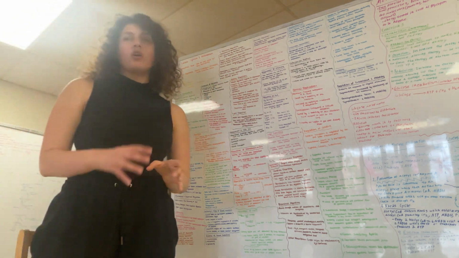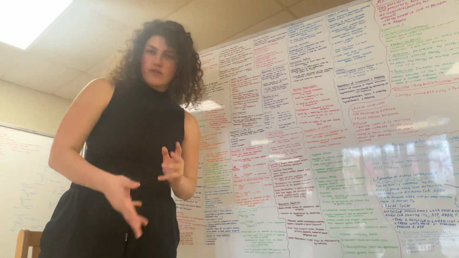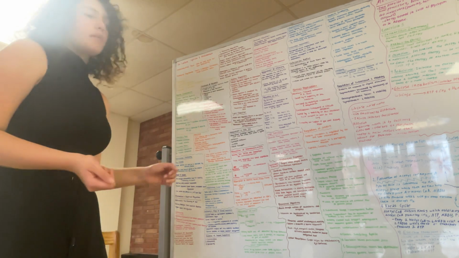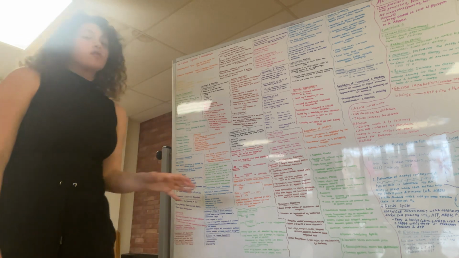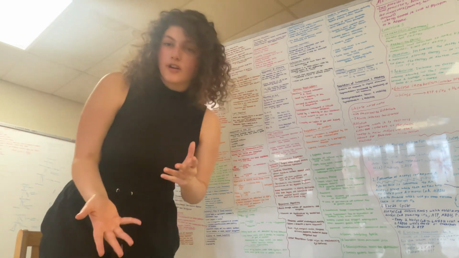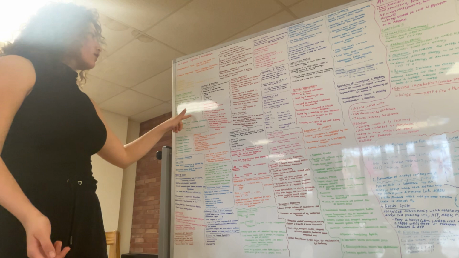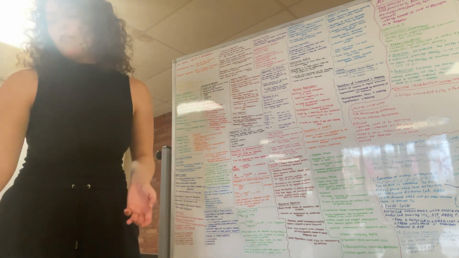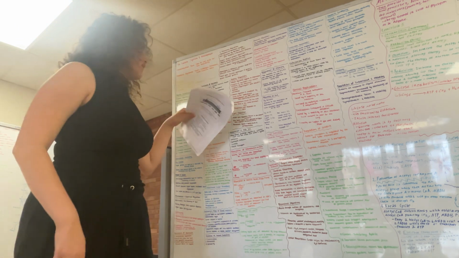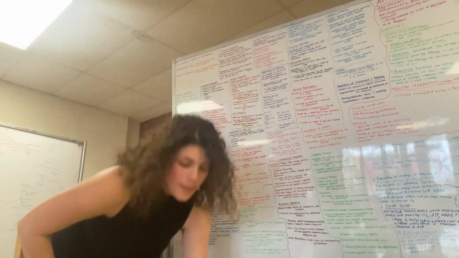Myenteric is going to control contractions, peristalsis, all of that muscle movement that occurs in the tract. And then submucosal secretions. Mucus is a secretion, right? So obviously submucosal is just going to mean more secretions are going to occur if this plexus is tapped into.